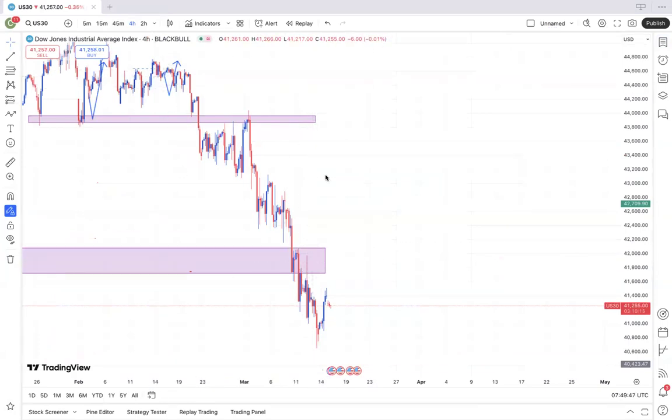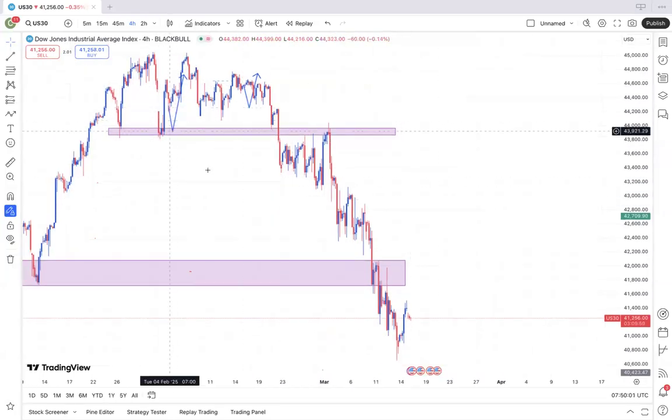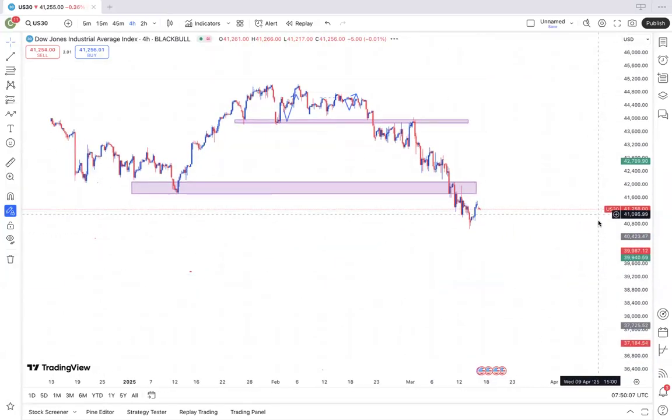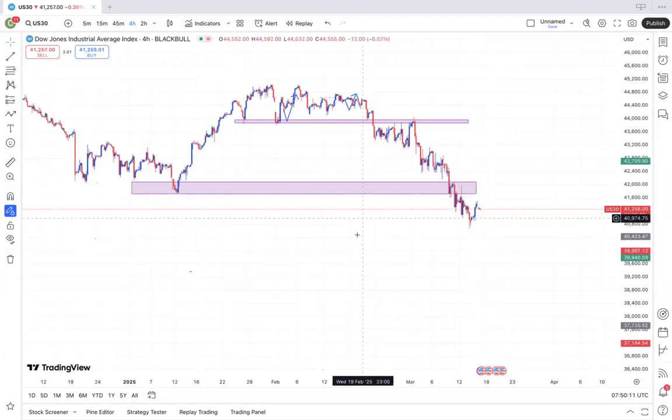What do we have here? All right. Now, 4-hour time frame US30. Let's minimize the chart so that we can basically see what's going on. This is Dow Jones anyways.